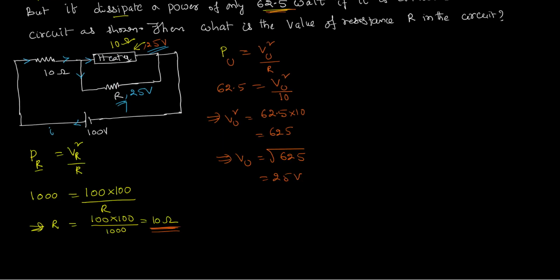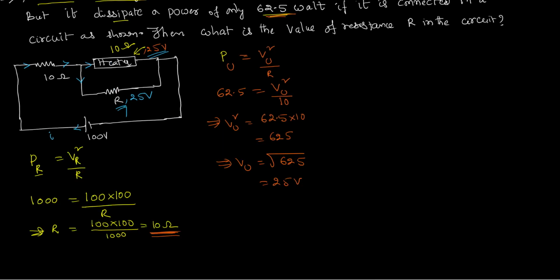If I have to calculate the value of that resistance, I already know the voltage. I can use Ohm's law, V equal to IR. So if I have to calculate R, I shall know what is the current that is divided here. So if I have to get the current that is being divided, let us see how I have to proceed.